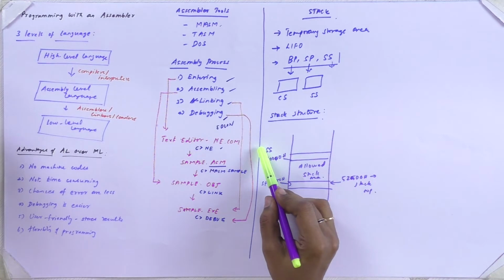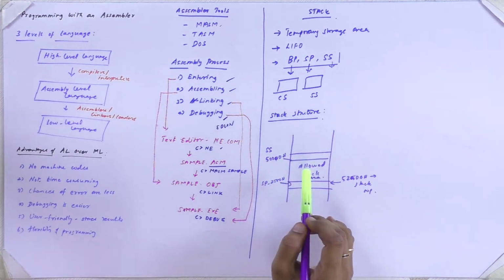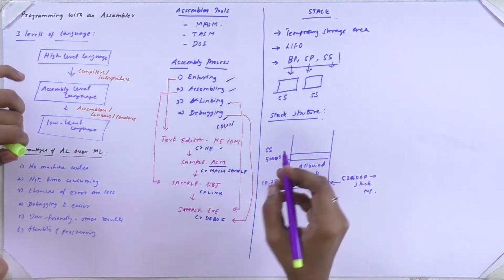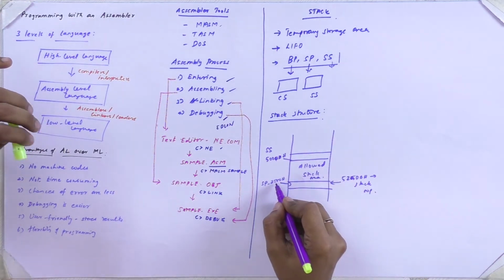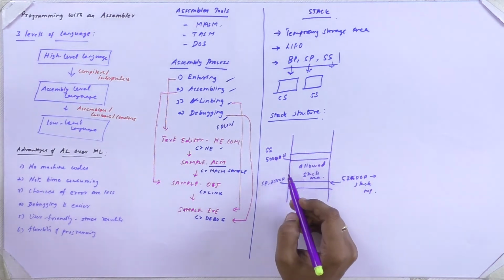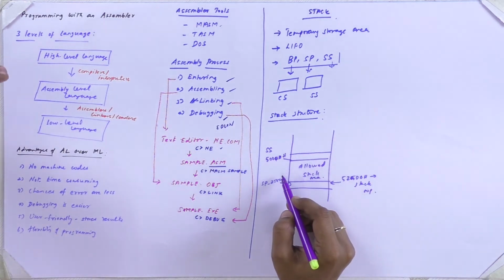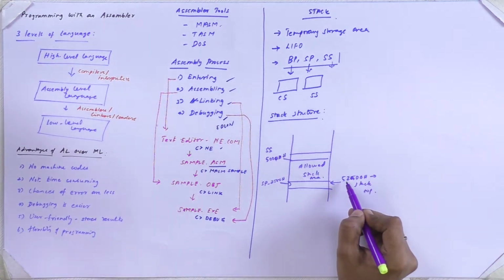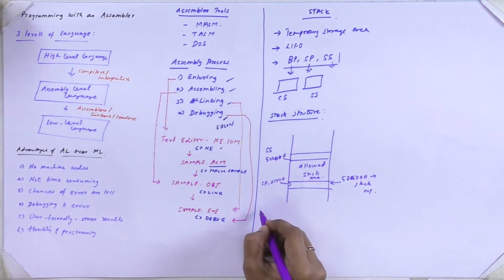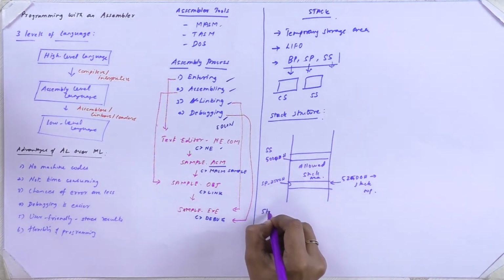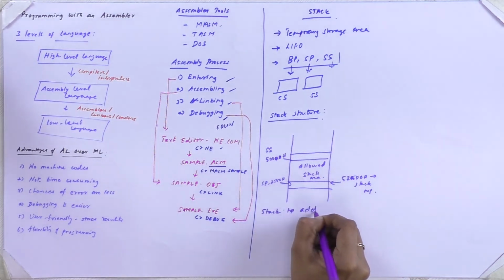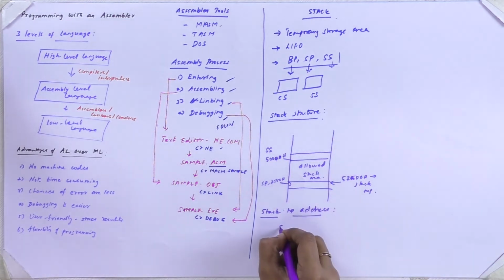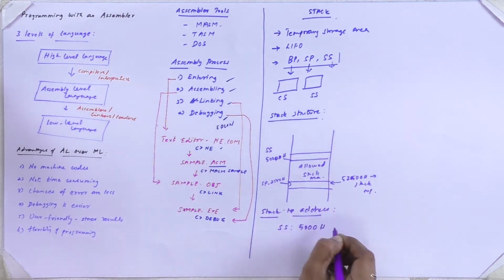For example, the stack segment value is 500H and the stack pointer value is 2500H. Using these two logical address values, we can calculate the physical stack top address as 52500H. The calculation of the stack top address is as follows. The given stack segment is 500H and the given stack pointer value is 2500H.